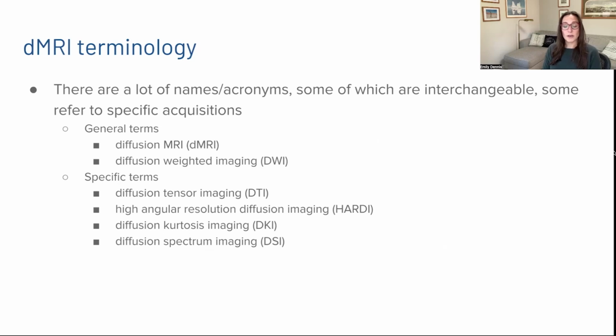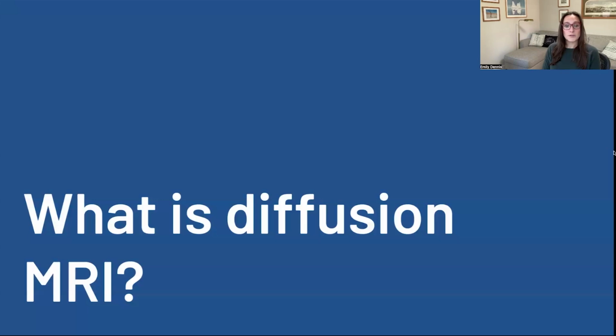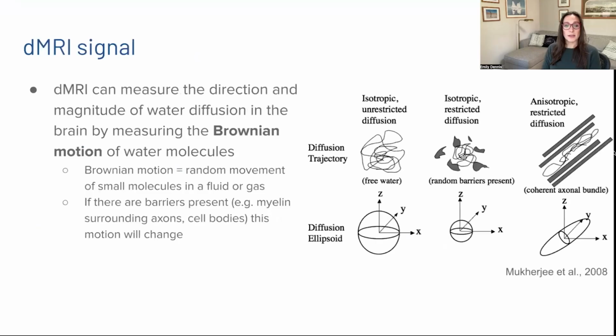Some of these have, as the name suggests, higher resolution to identify differences in white matter structure, or they model the diffusion signal a little differently, perhaps to be able to disentangle crossing fibers, which is a common issue with more basic DTI acquisitions.